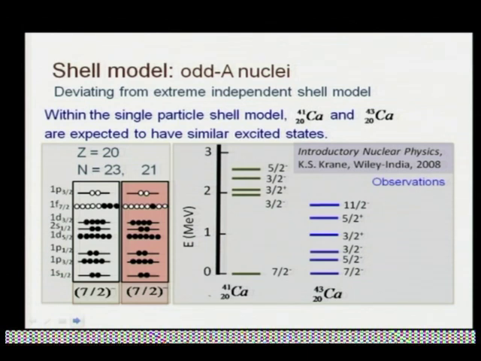When we look at the excited state, we will see a little different picture than what we actually would expect within the shell model, the single particle model.